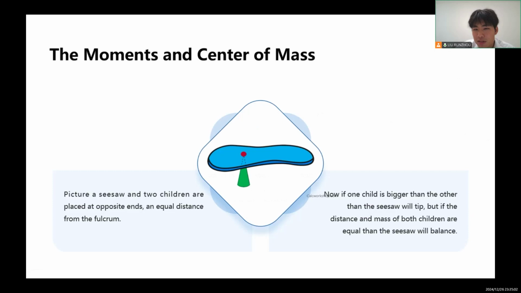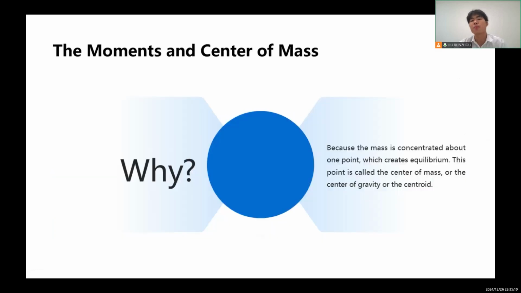But if the distance and mass of both children are equal, then the seesaw will balance. And why? Because the mass is concentrated about one point, which creates equilibrium. This point is called the center of mass, or the center of gravity, or the centroid.